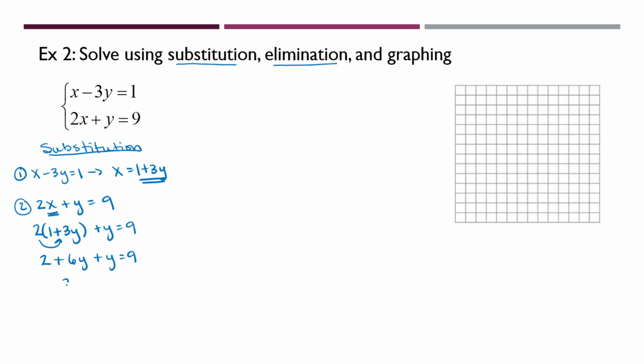Okay, so then I have 2 plus 7y equals 9. Subtracting 2 will get me 7y equals 7, so y is 1. Now once I know y, I can come back up here and know that x is 1 plus 3y using this value right here.